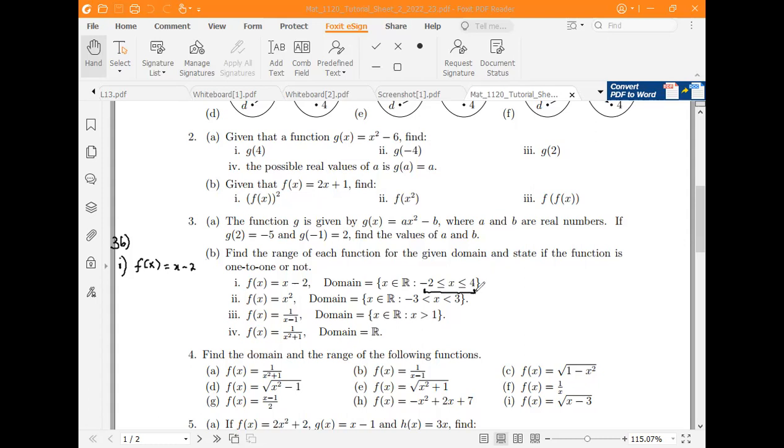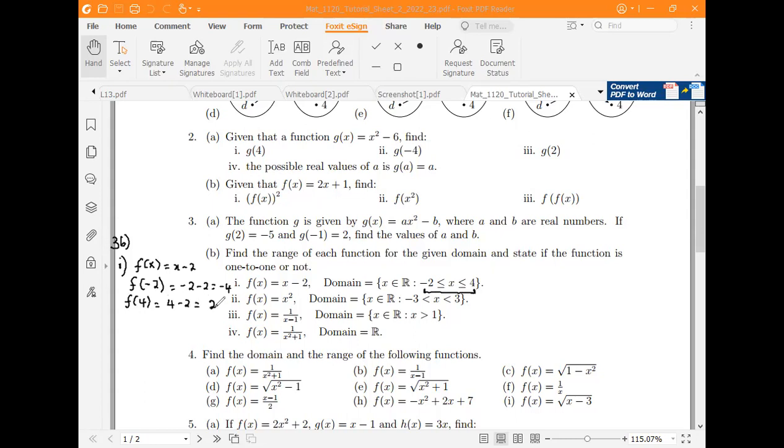Now, if we use -2, we have -2 minus 2 equal to -4. If we use +4, we will have 4 minus 2 equals 2.